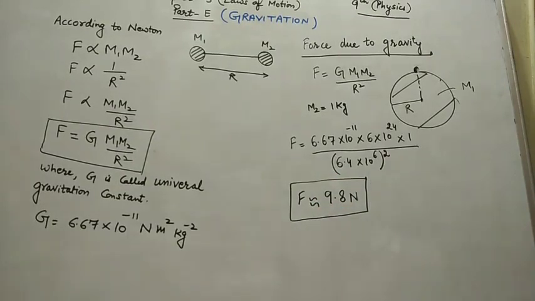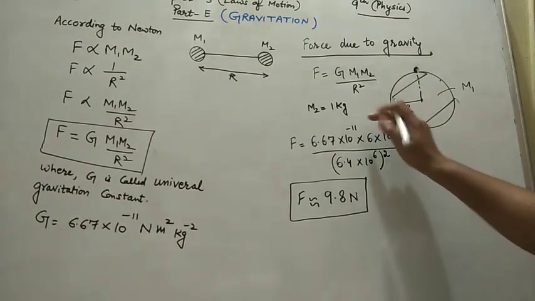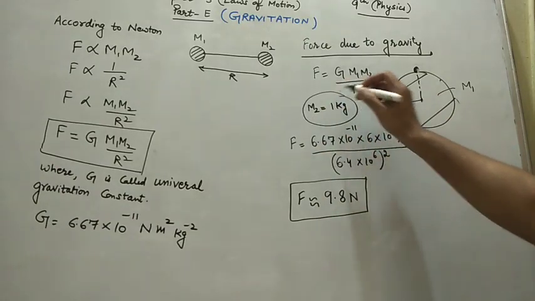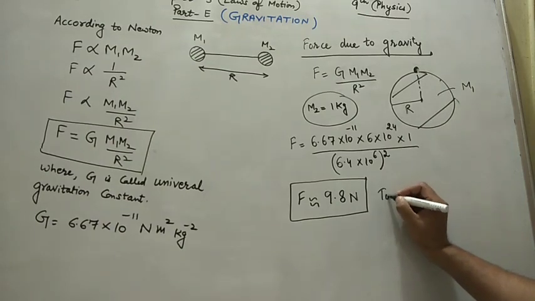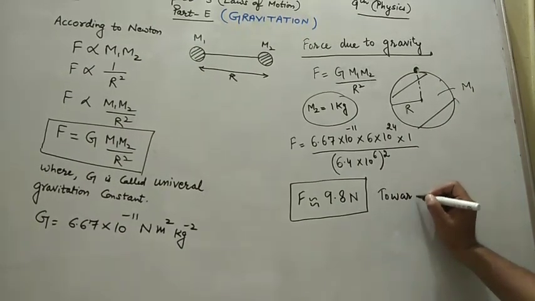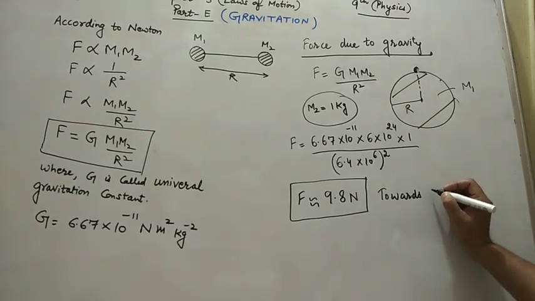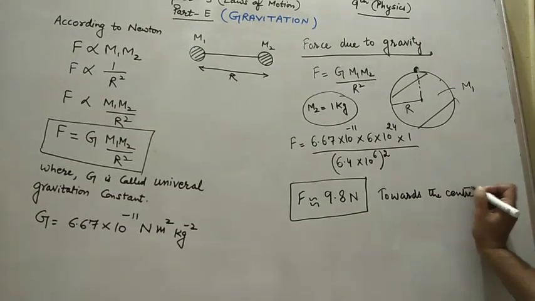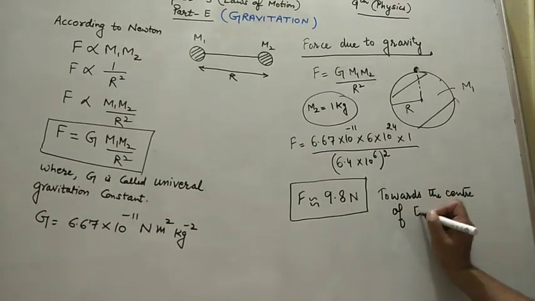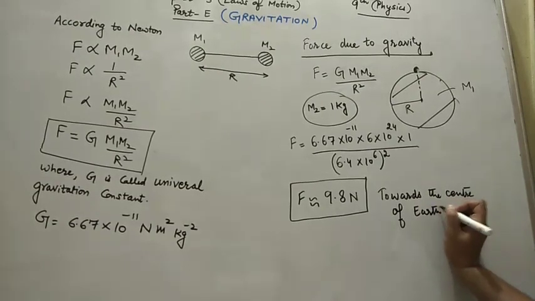This is the gravitational pull on a 1 kilogram body due to earth, and earth always attracts the body towards its center. So this gravitational pull will always act towards the center of earth.